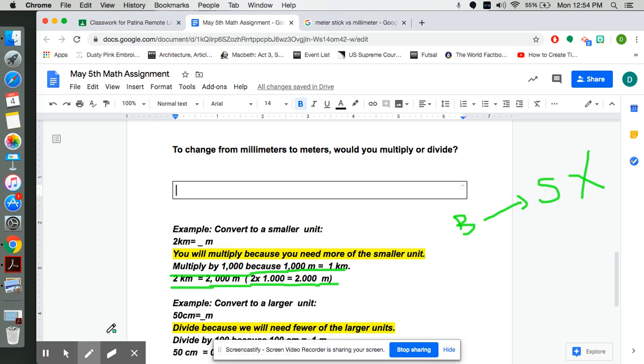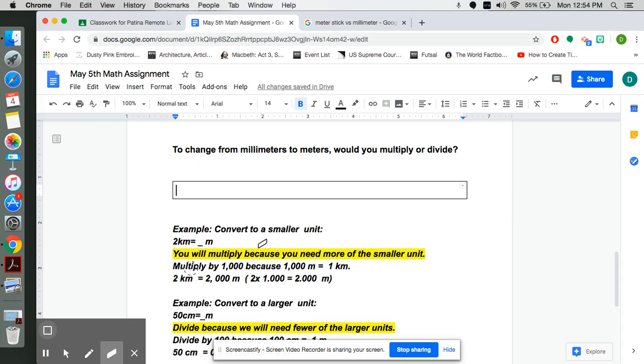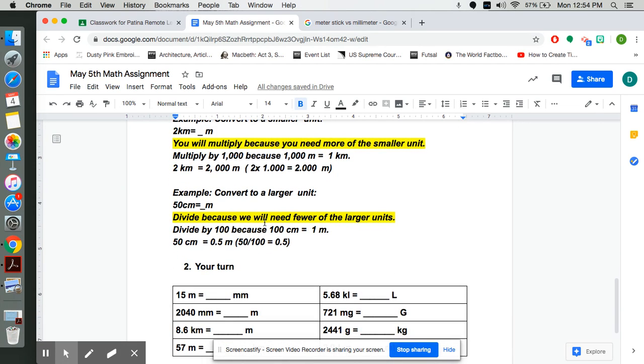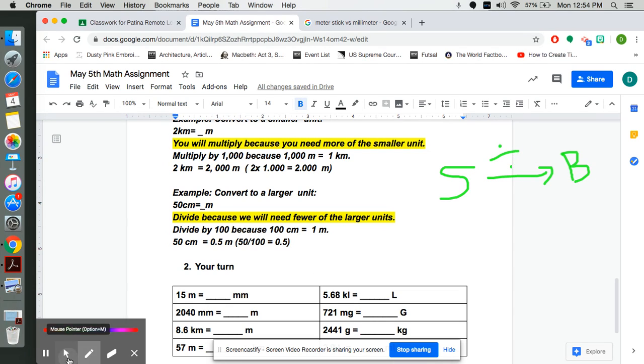So the other one is going to be going the other direction. Remember, these are just examples. You don't have to do these ones. I want to get from a little tiny small unit to a bigger unit. Small to big, we divide. So centimeters are small, meters are big.